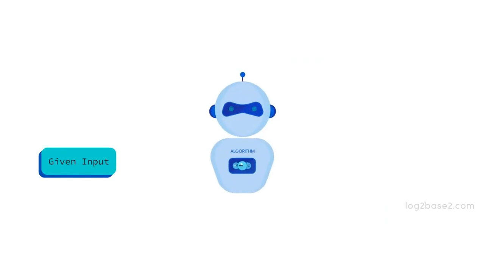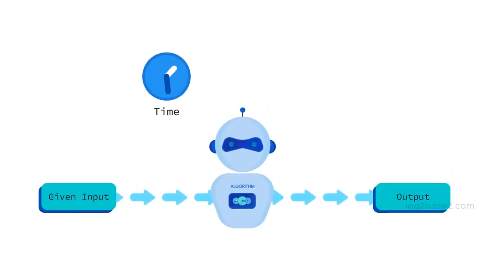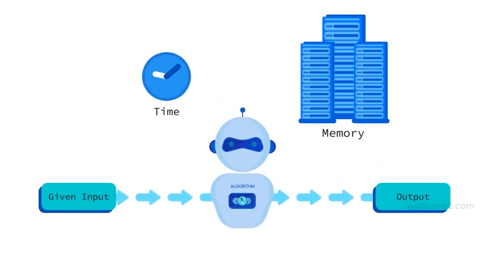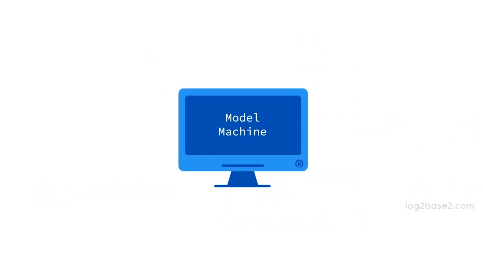That is, for a given input, how much time and space the algorithm takes to produce the desired output. And every machine is unique in its own way. Some machines can have sequential execution and some other machines can have parallel execution. And we can't analyze the algorithm for every individual machine. So let us first build our model machine to analyze the algorithms.